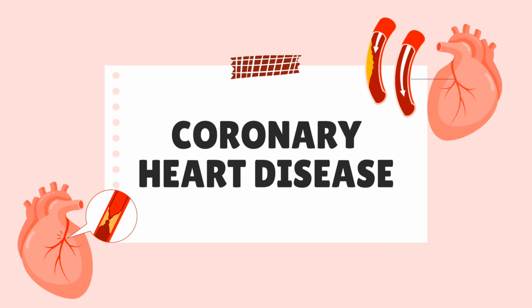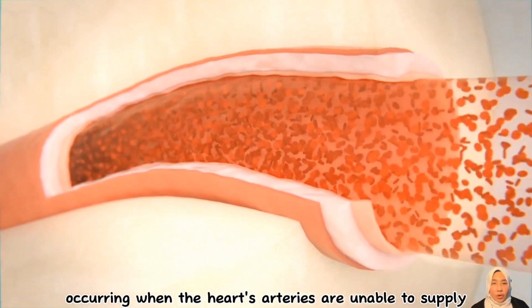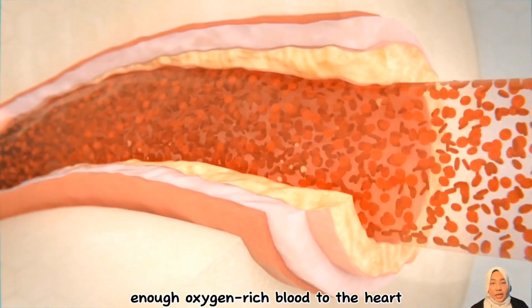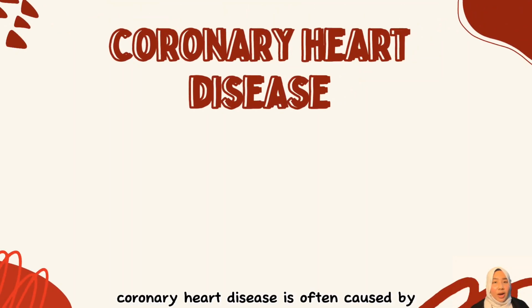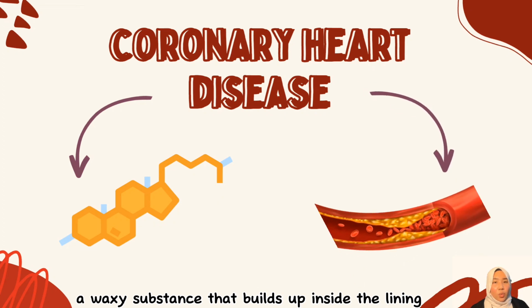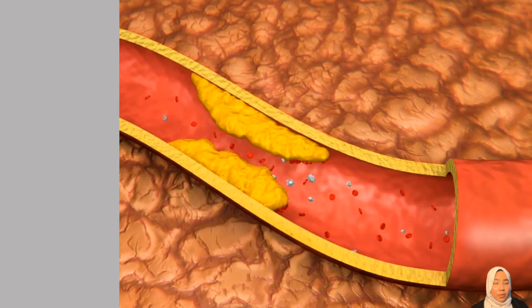One of the abnormal heart conditions is coronary heart disease, or ischemic heart disease. It is a typical heart disease occurring when the heart's arteries are unable to supply enough oxygen-rich blood to the heart. Coronary heart disease is often caused by cholesterol, a waxy substance that builds up inside the lining of the coronary arteries, forming plaque.